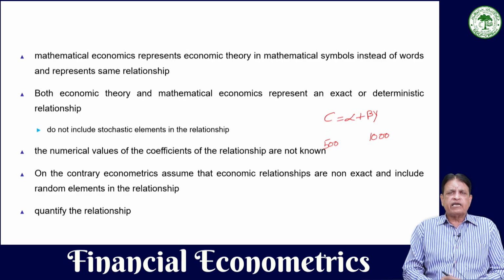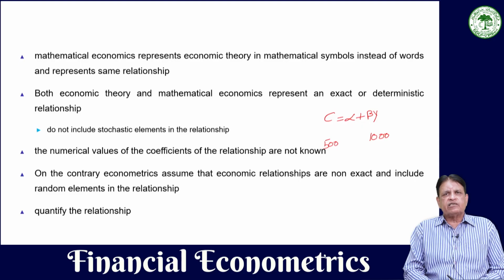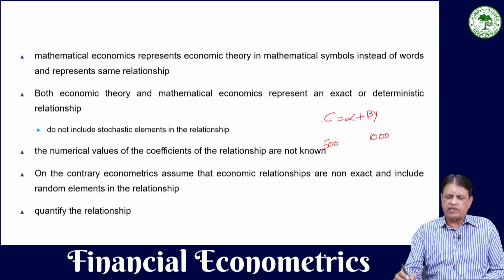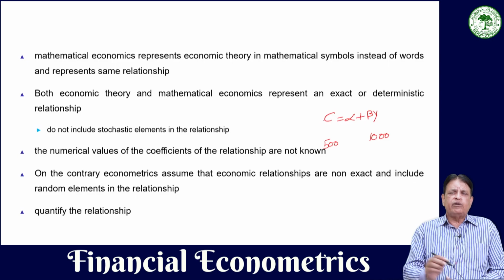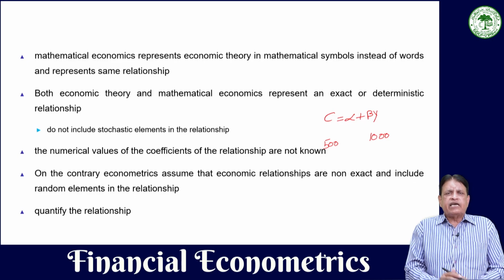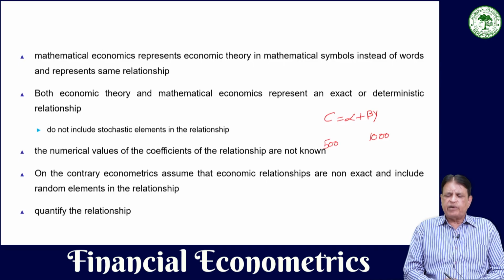So, it means the relationship between c and y is not exact and deterministic. But in mathematics, we talk about an exact and deterministic relationship. That is, for one value of y, there should be only one value of c. This exact relationship we can have only when we are in a position of conducting a control experiment.